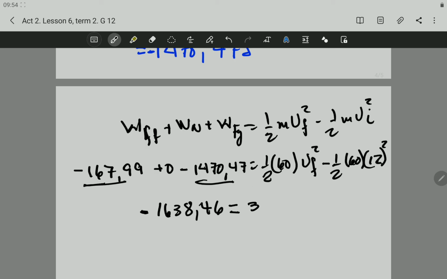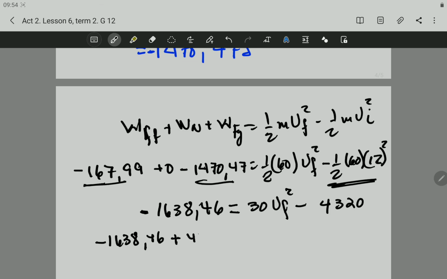Then it's 30 multiplied by the final speed squared minus, and all this calculation here will give you 4,320. You can always recheck the calculation. When you solve this, it comes to the other side positive, so you will have minus 1,638,46 plus 4,320 equal to 30 multiplied by the final speed squared.